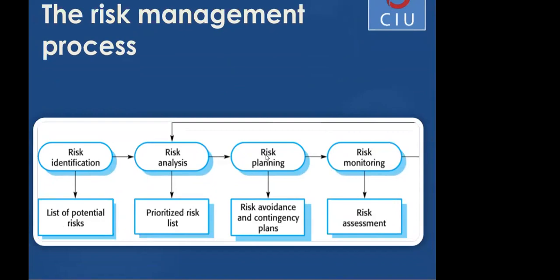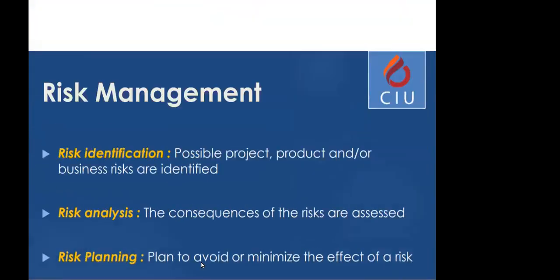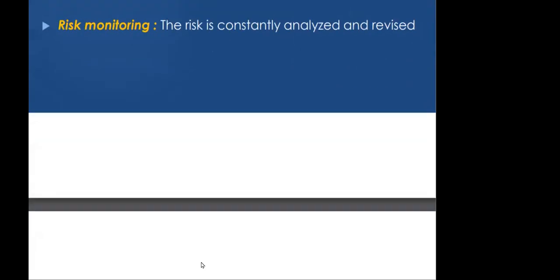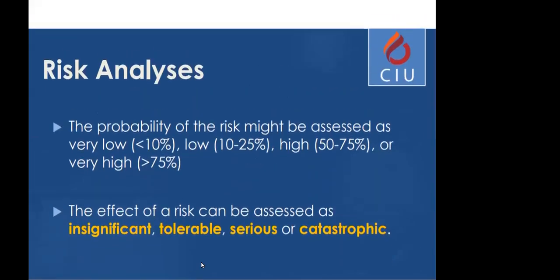You do the planning, such as deciding the minimization planning or avoidance, and finally risk monitoring, where you assess more risk and you go back. This risk monitoring can lead back to where you analyze more and more risks. We already talked about this.